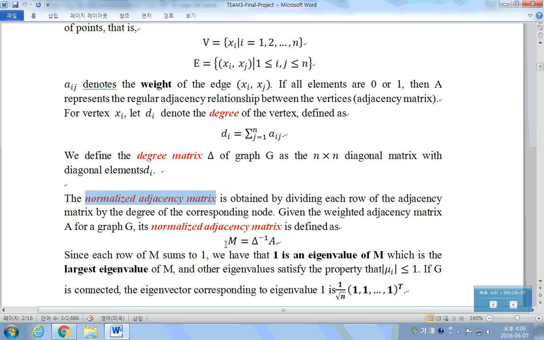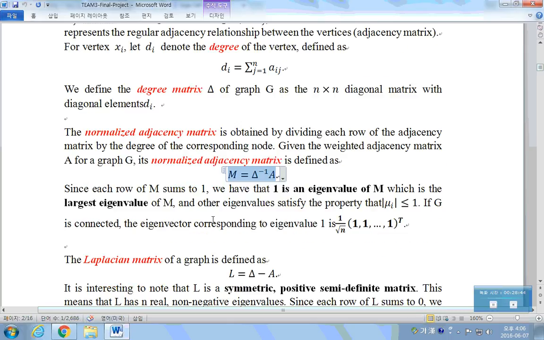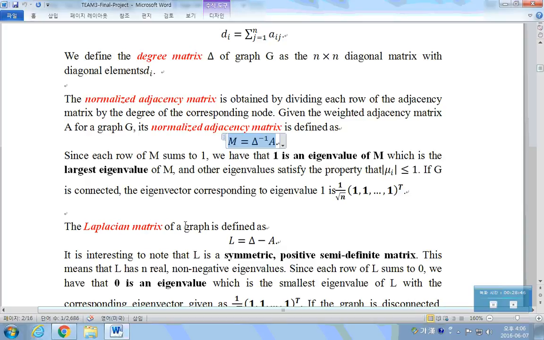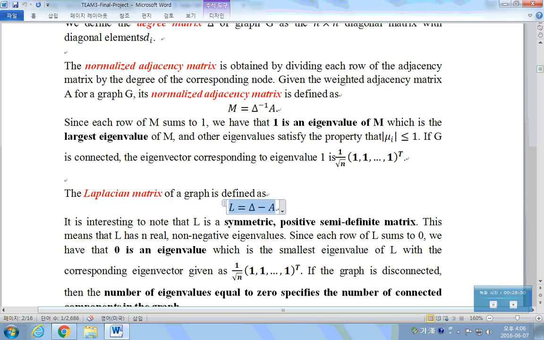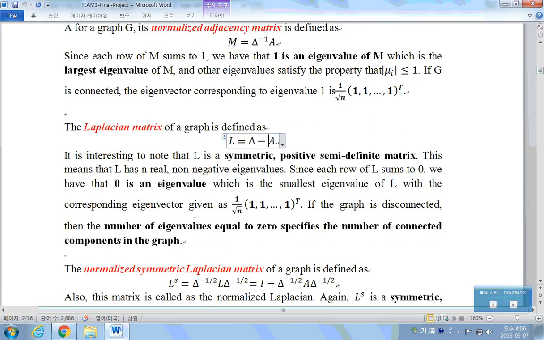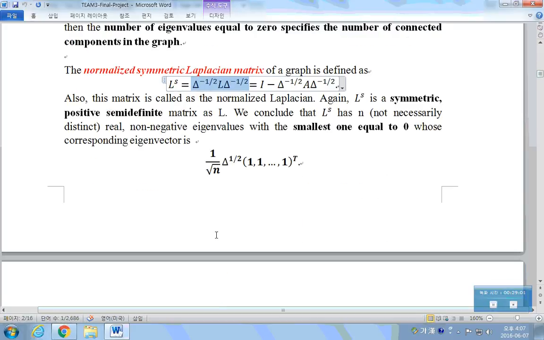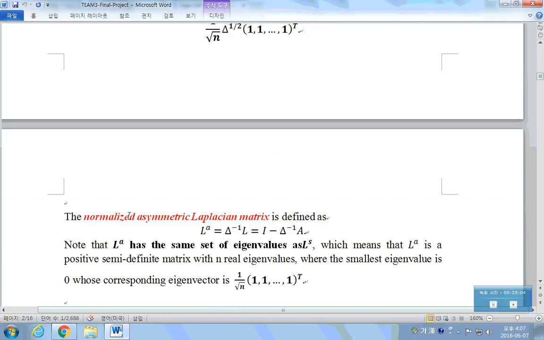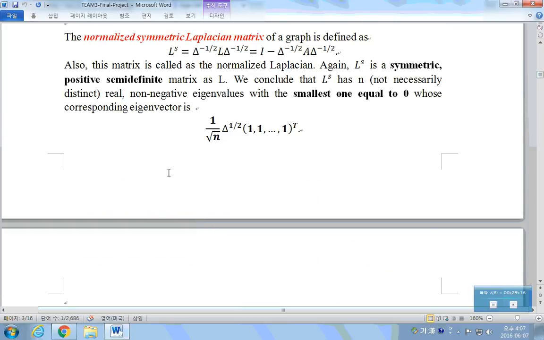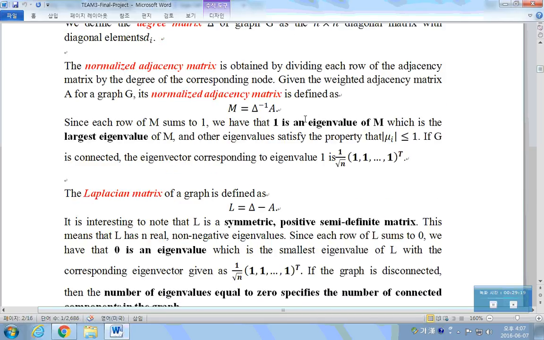Then the Laplacian matrix, a well-known matrix, and the normalized symmetric Laplacian matrix, and the last one is the normalized asymmetric Laplacian matrix. These are the formulas, and there are some properties of all these matrices.